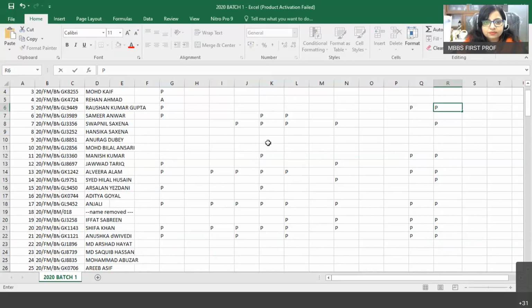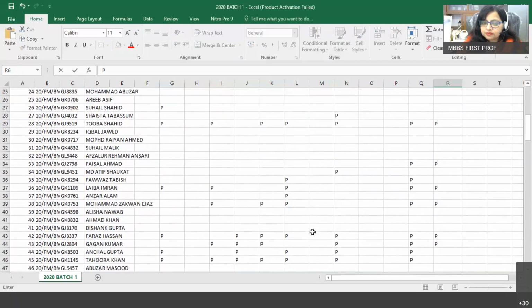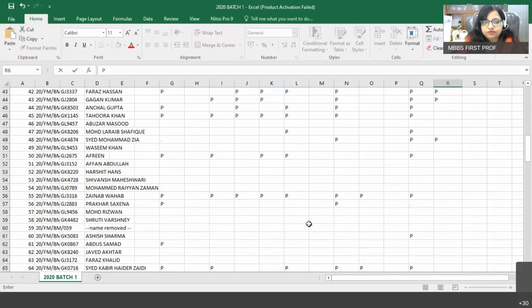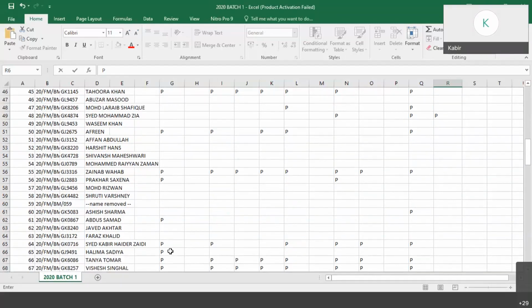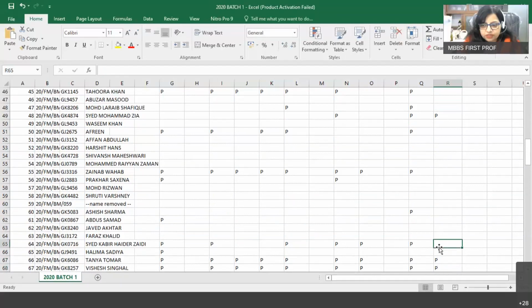Who else? Is anyone else left in 1 to 50? 51 onwards, 51 to 100. 66 is Tanya Tomar. 67 is Vishesh Singhal. 64 is Kabir Haider Jati.